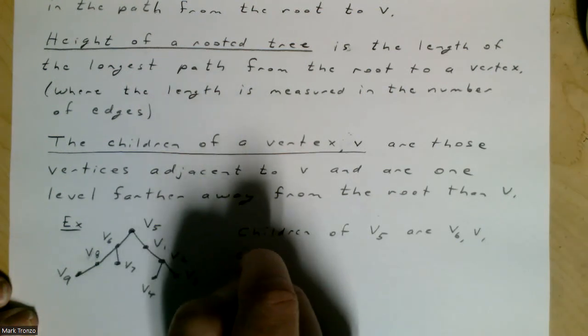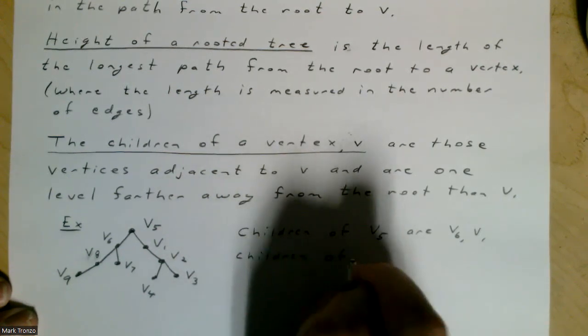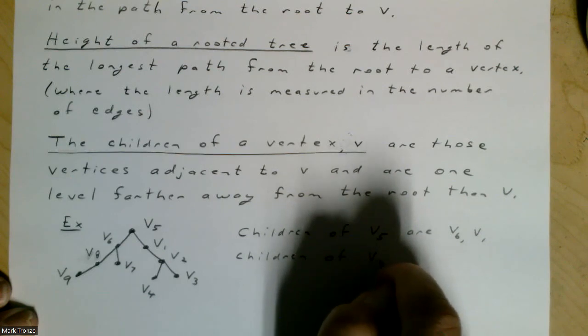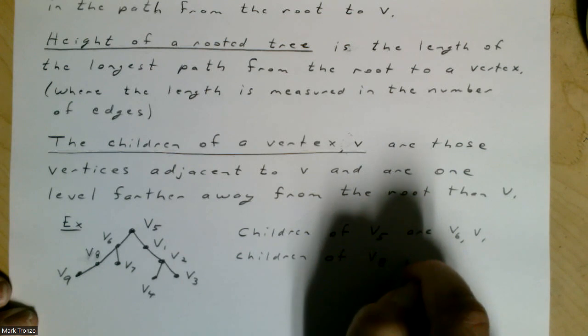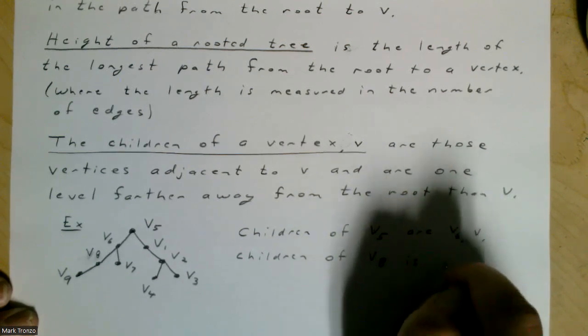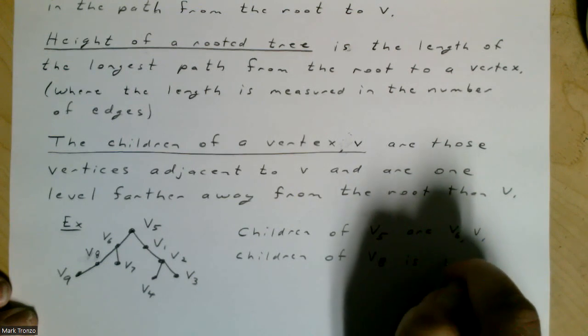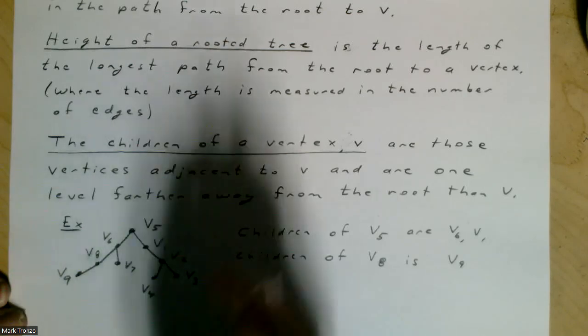The children of V8: there's only one child, I should say the child of V8 is V9. Once again, if you look at V8, see what's below it and just one away, V9.